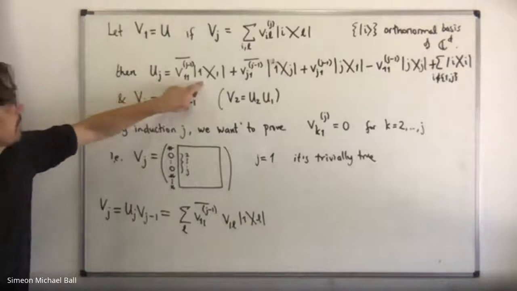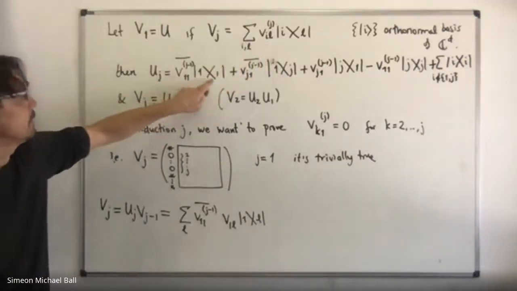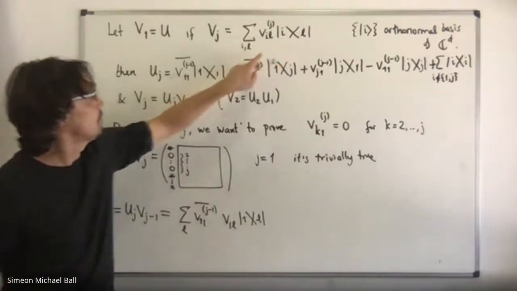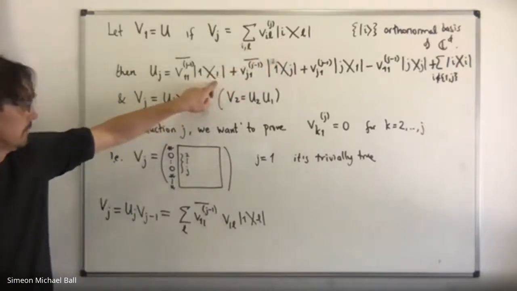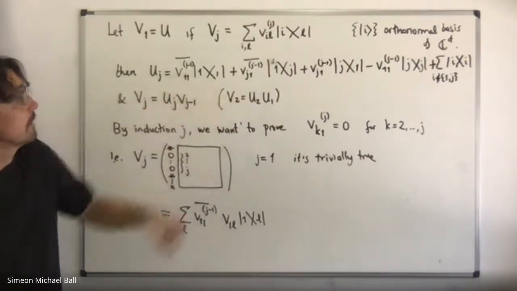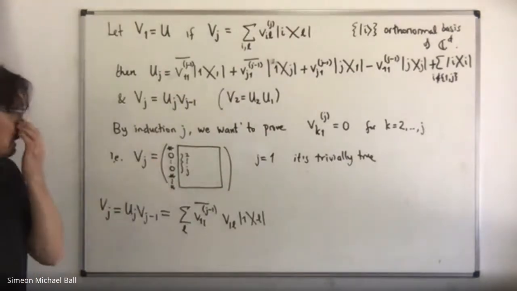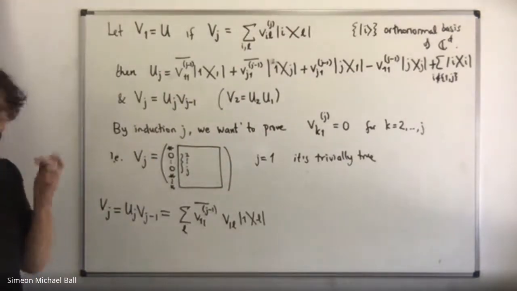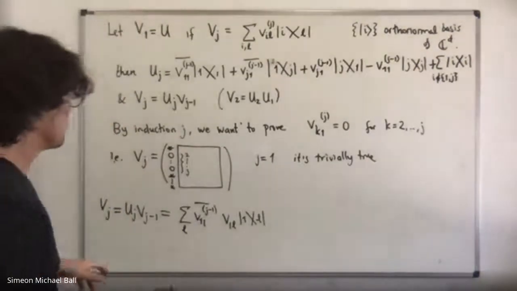All I've done here is multiply this term by this sum. And if you use the fact that it's an orthonormal basis, it must just set I to 1. I've got to do the rest with another 4 terms, and then that's it. Then you'll see that these are 0.